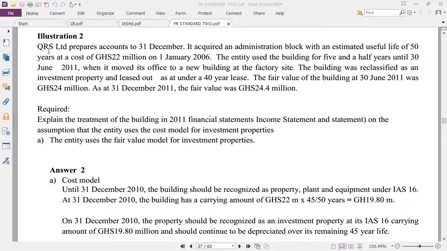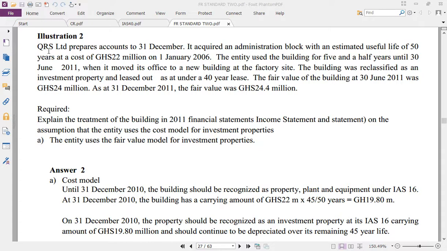QRS Limited prepares accounts to 31 December each year. It acquired an administration block. Point blank, it is used for administrative purposes, with an estimated useful life of 50 years, at a cost of 22 million on January 1st, 2006.